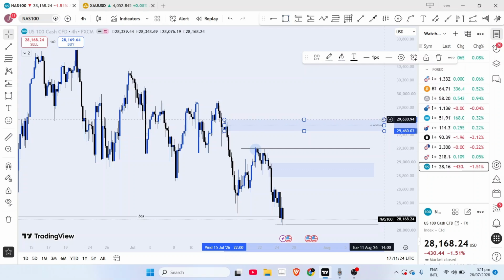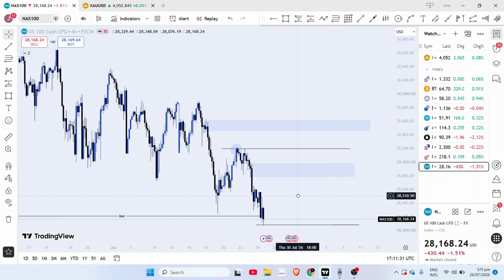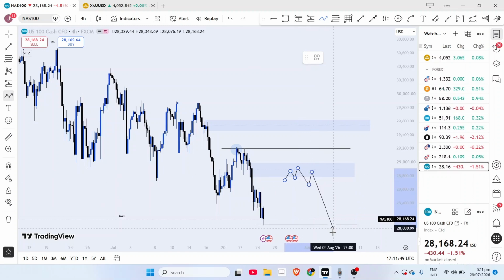So obviously I'm not going to enter directly when prices get here. I'm always going to look for a lower time frame confirmation, whether maybe the 1 hour or 15 minutes. I'll be looking for some kind of formation like this, maybe highs, then a sweep, then change of character, then I'll be looking to take an entry to the downside like this.